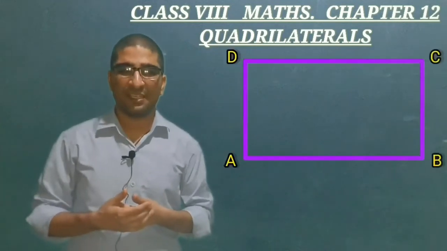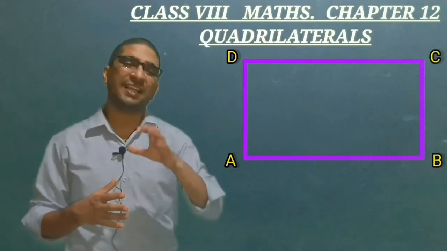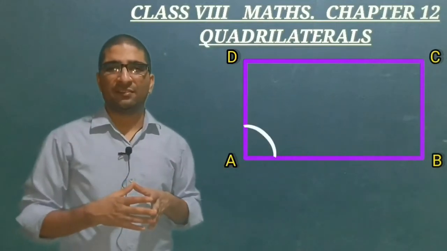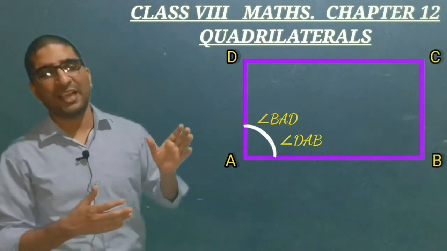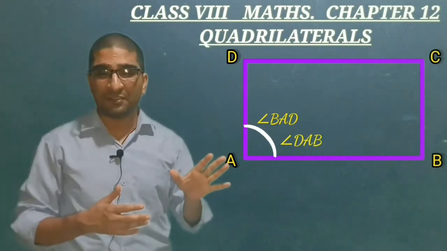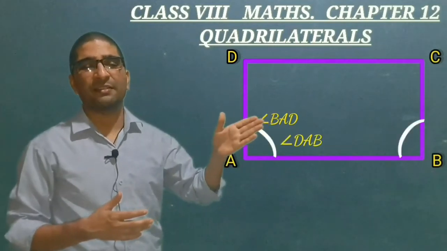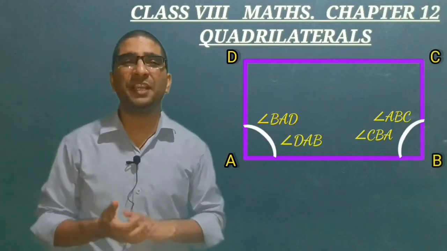Now angles. You can observe that at each vertex there is an angle. At A, the angle is BAD, or you can say the same angle is DAB. At another vertex B, the angle is ABC or CBA.